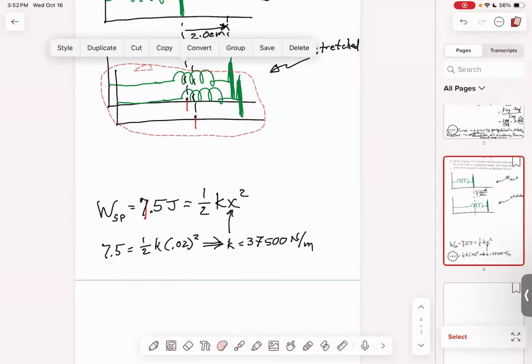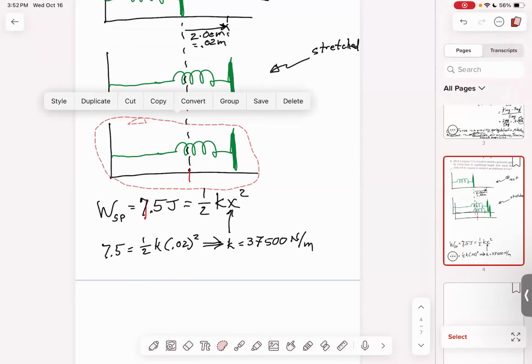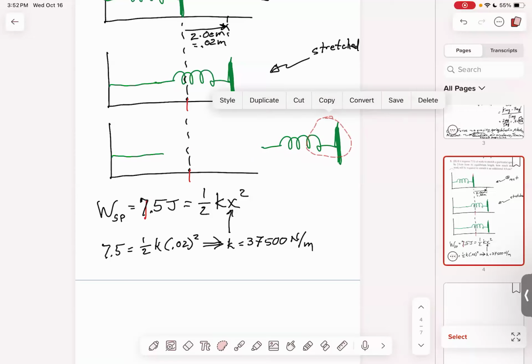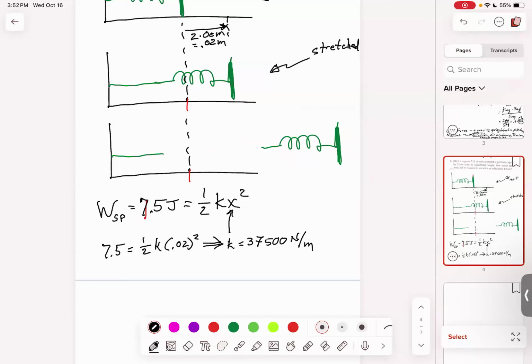Let's duplicate that. Start right here. Grab the spring piece, move it out a little bit more. Say about there, and just extend that line a bit. So now we're looking at that.